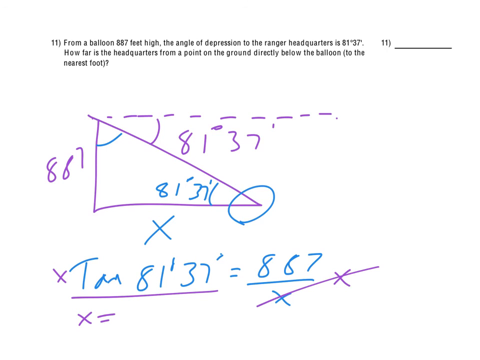So x will equal 887 divided by the tangent of 81 degrees 37 minutes. And so they wanted this to the nearest foot, so I get 130.7, so the nearest foot would be about 131 feet.